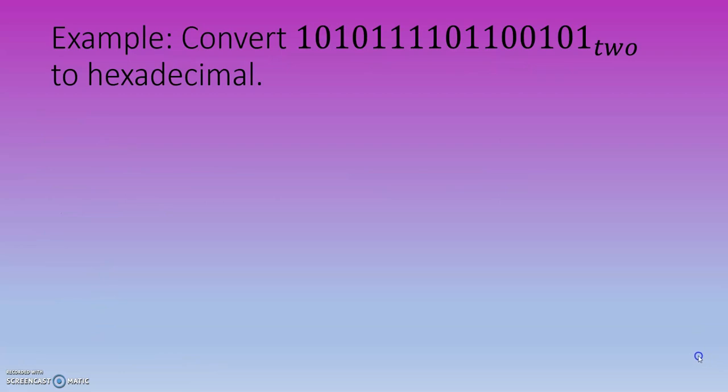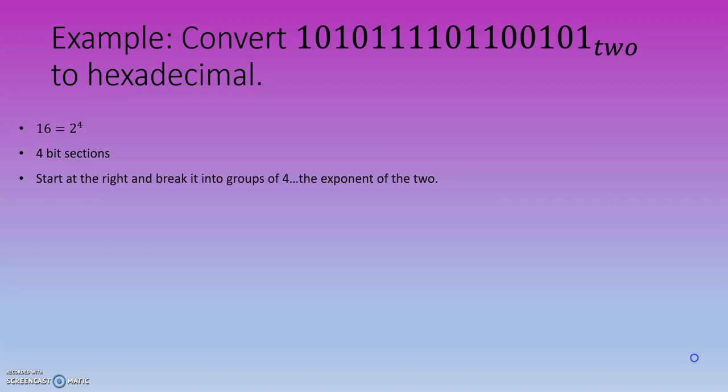Convert base 2 to hexadecimal. Hexadecimal is 16, and 16 equals 2 to the fourth. The exponent of 2 is 4, so we're going to split it into 4-bit sections. Start at the right and break it into groups of 4. Find the binary equivalents of those numbers.